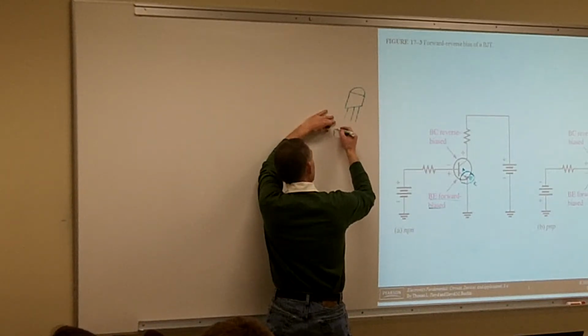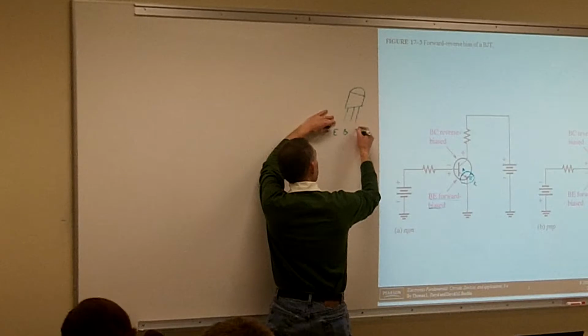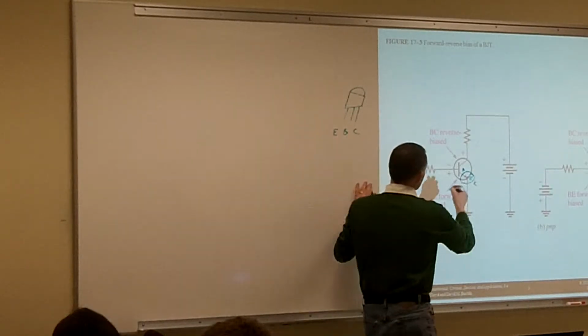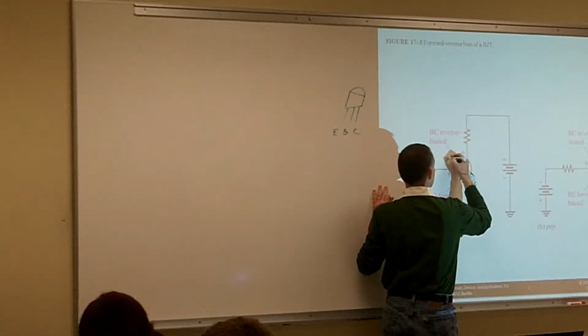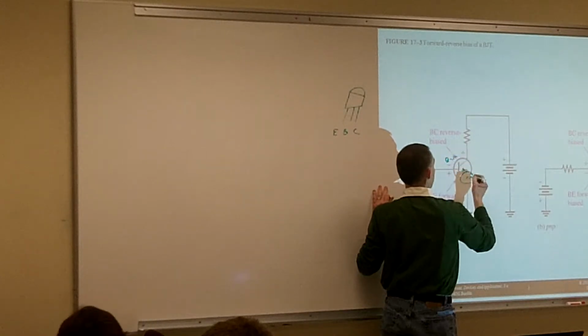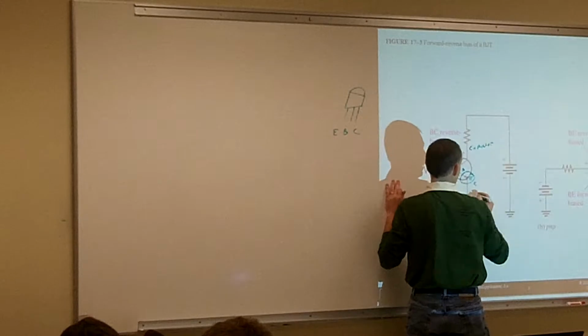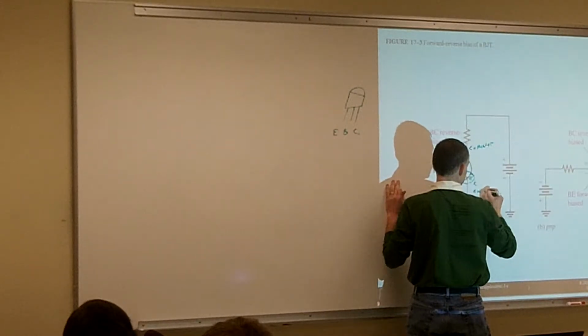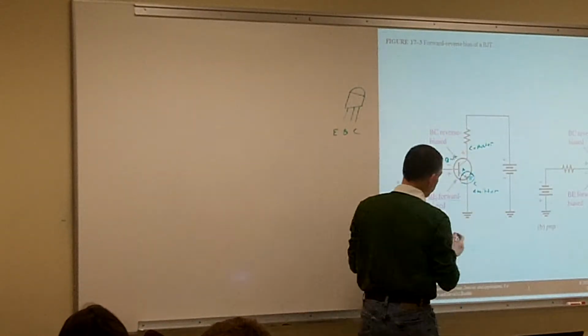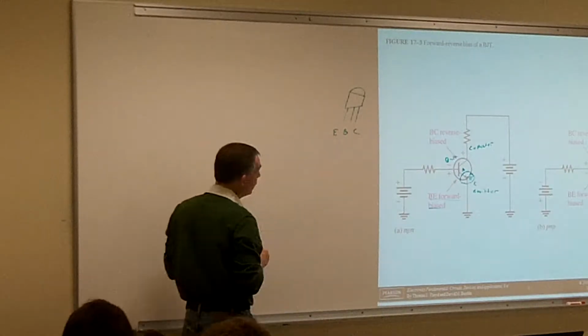What we're going to have is that this is going to be our emitter, base, and our collector. Then on our schematic, here's our base, here's our collector, and then our emitter. Those are going to be our 3 legs.